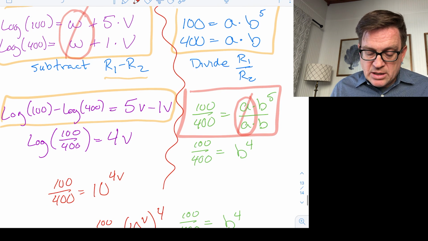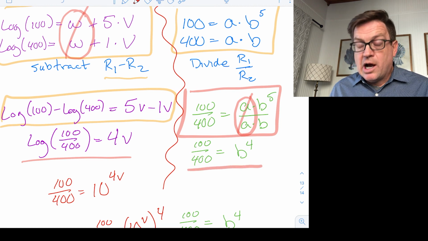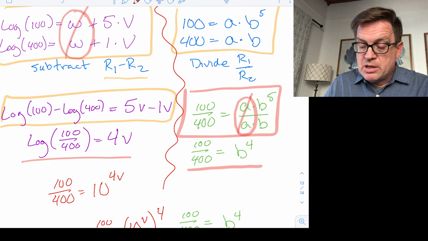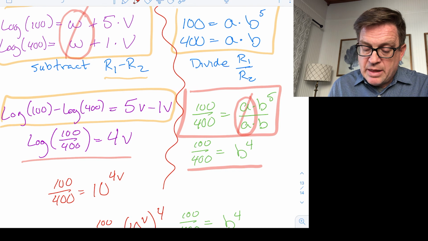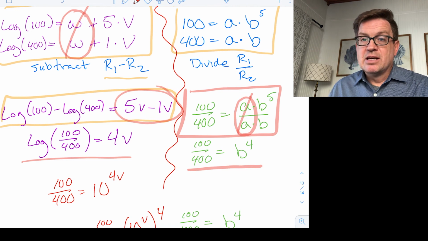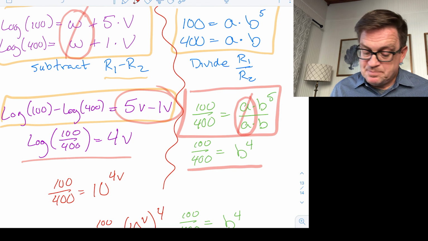And so we get the logarithm of 100 over 400 equals 4v. That is analogous to 100 over 400 equals b to the fourth. We had b to the fifth over b, and we subtract exponents. 5v minus 1v is analogous to b to the fifth divided by b.